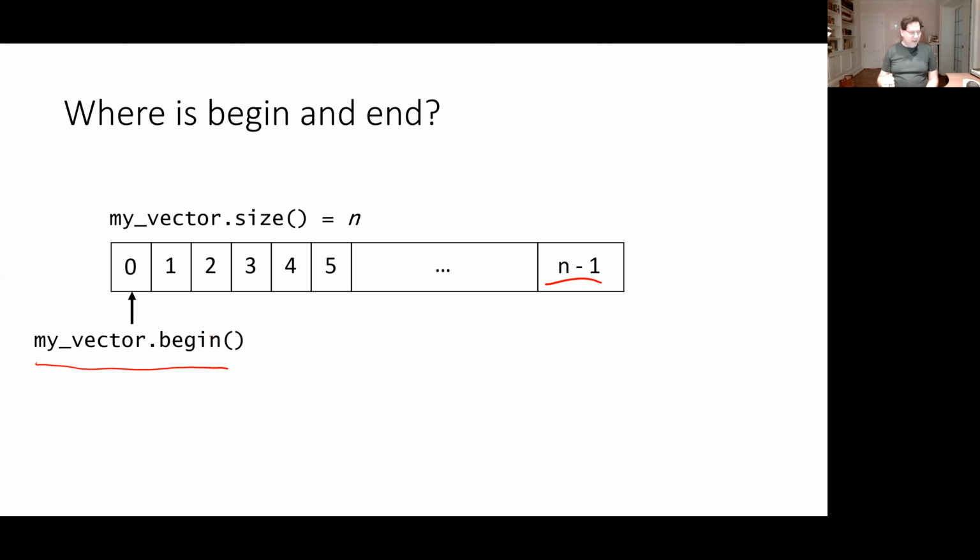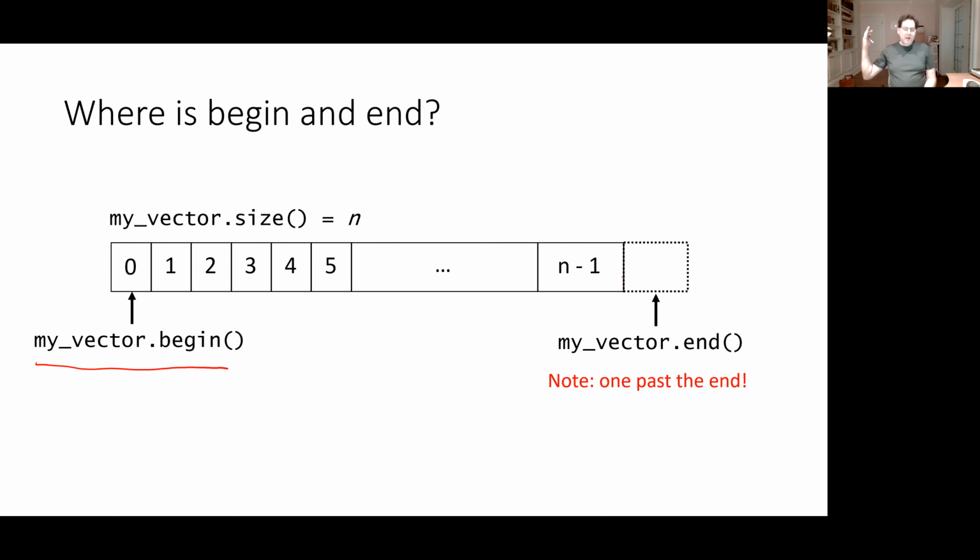And if I call end, it's going to point one past the end. It's not going to point at the last element, it's going to point one past the last element. We use that to check, when looping through the whole vector, whether we have hit the end yet.